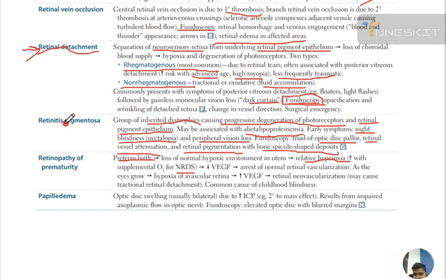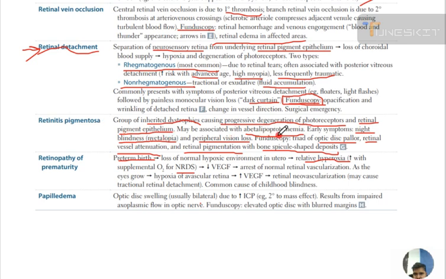So the next is retinitis pigmentosa. It is a group of inherited dystrophies causing progressive degeneration of photoreceptors and retinal pigment epithelium. So it is collectively called retinitis pigmentosa.